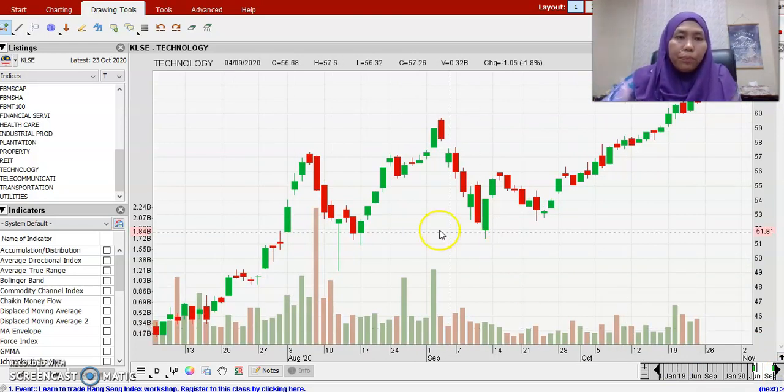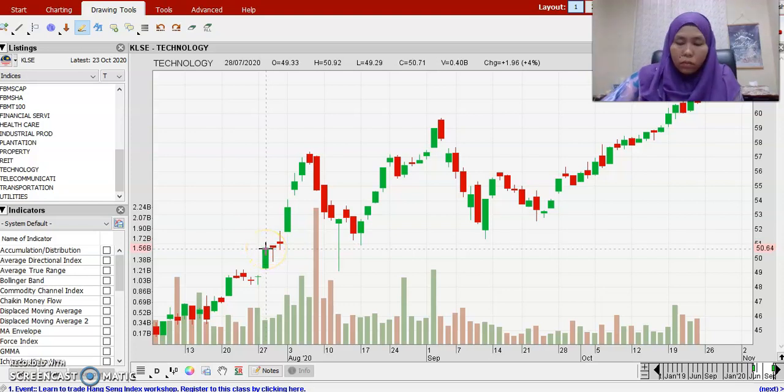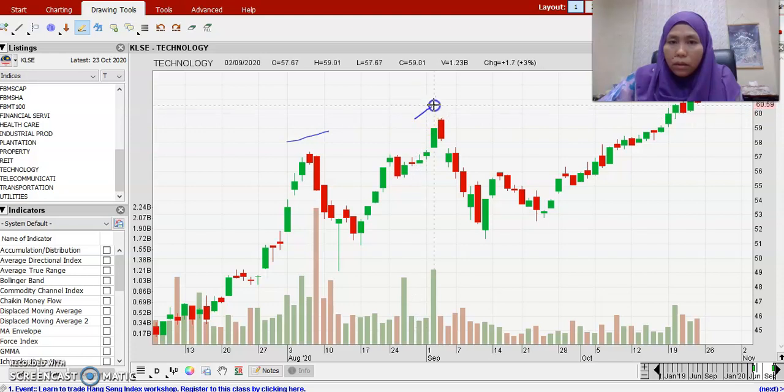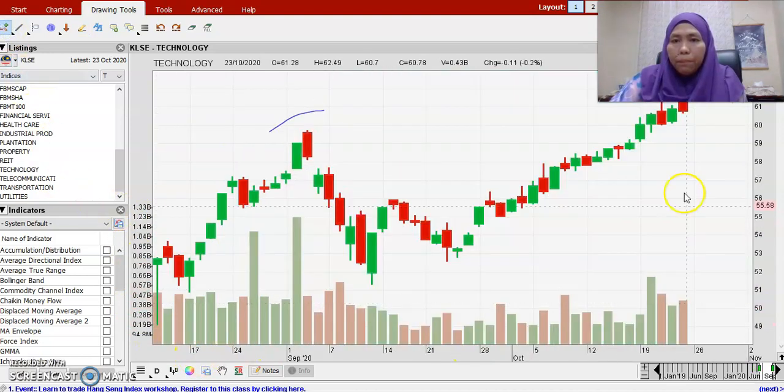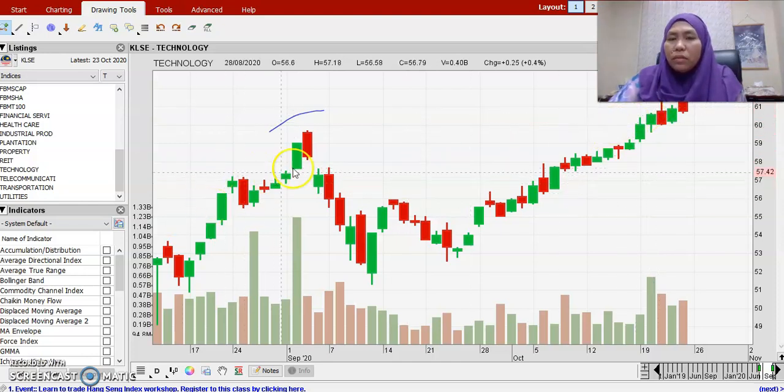This is the high, and then this is the high, now is another high. So this is a good signal. So investors can start looking at this technology sector and choose the best company to invest in.